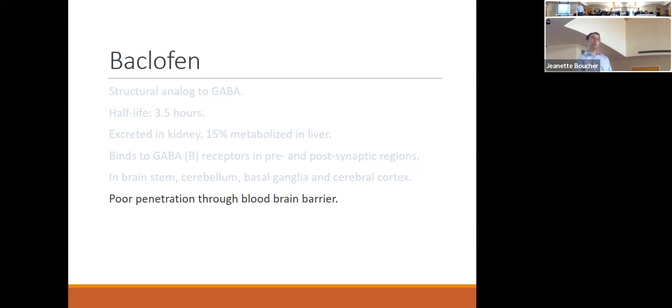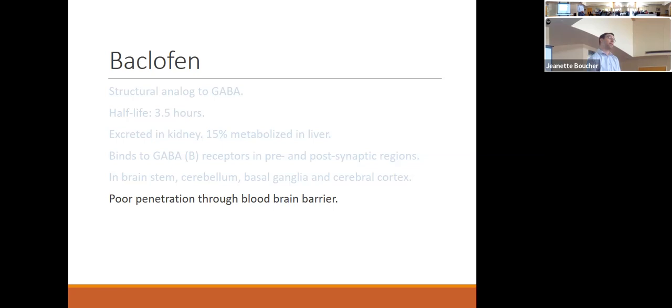So the oral Baclofen has to go through what's called the brain-blood barrier. And so that's to get the drug metabolized to where it's going to be active and actually working for us. It's going through that brain-blood barrier that's going to cause a lot of the sedation, but also cause a lot of the drug to essentially be wasted.